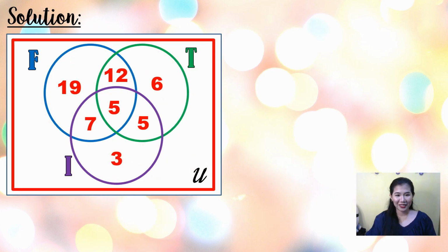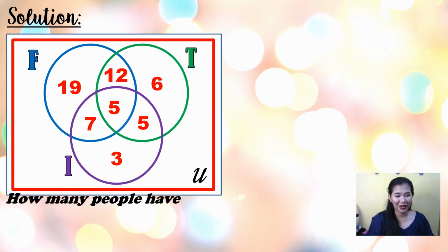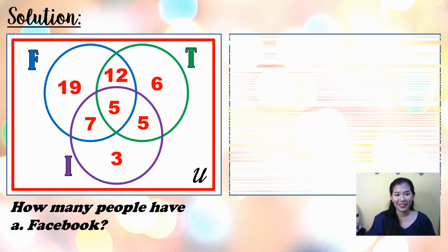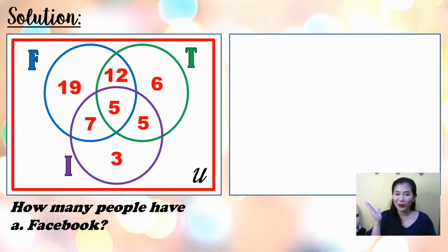So here's the Venn diagram. Now let's answer the question for letter A. How many people have Facebook? Where is the Facebook there? May I shade it for you? There's your Facebook. As you can see, we have numbers there: 19, 12, 5, and 7. To answer that, of course you should know how to add.